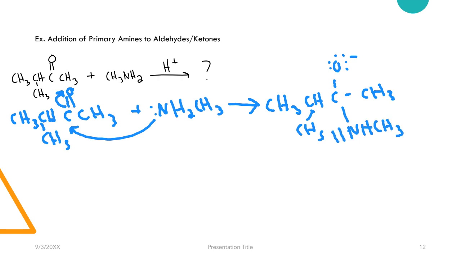So we added that whole thing to that carbon and broke the double bond. Now I have a positive charge on nitrogen and a negative charge on oxygen. So just flip hydrogens around until we're both happy.